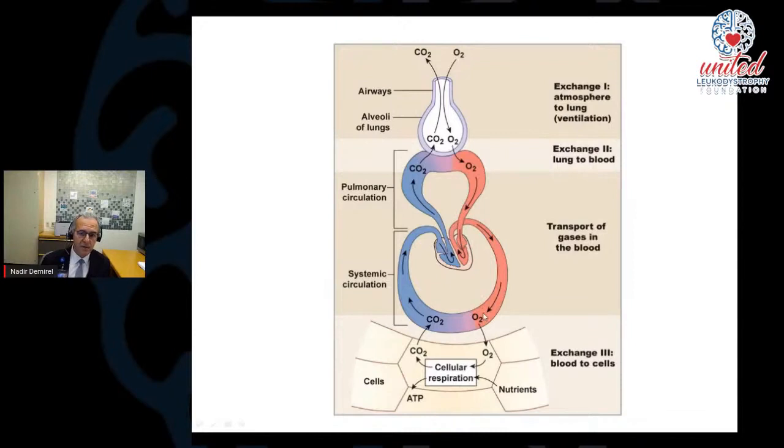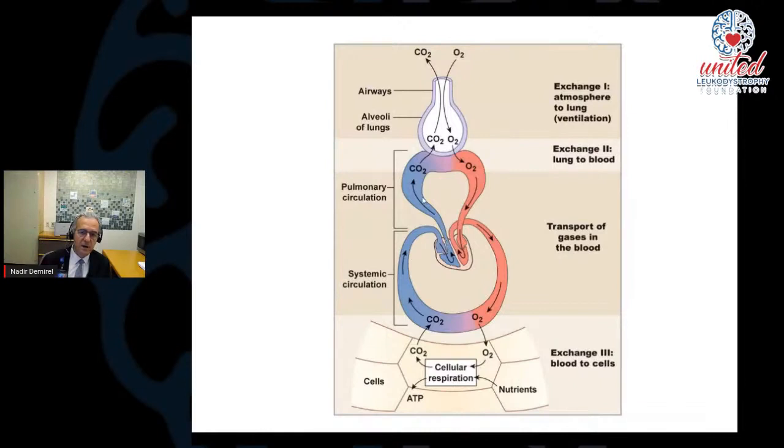In the cellular level, the cell needs energy, right? It burns the energy with oxygen, and the end product is carbon dioxide. And the carbon dioxide joins the blood vessel on the venous side and now goes to the right heart with much less pressure.